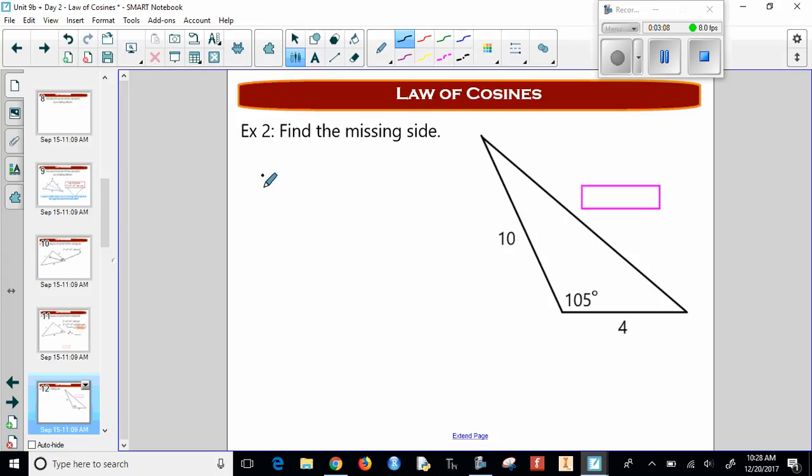So we'll say c squared is equal to, our a's and b's can go in any order, so I'm going to say 10 squared plus 4 squared minus 2 times 10 times 4 times the cosine of the angle in between, which is 105.